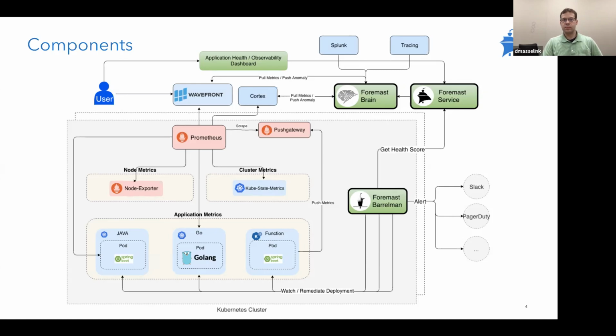ForMass Barrelman is one of the key AI engines, which collects the golden signal metrics or customized application metrics, and uses a machine learning algorithm to detect if there's any anomaly or not. If so, the feedback is returned back to the ForMass service, and then ForMass Barrelman will periodically check the monitoring request for anything unhealthy. It will either trigger the alert or roll back the deployment.